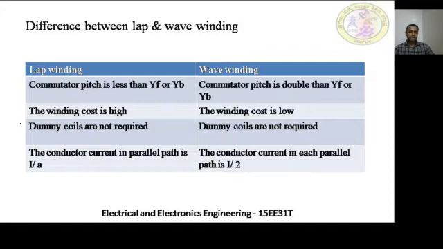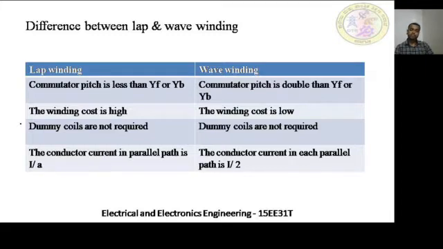The conductor current in each parallel path is I by A. Lap winding is also called parallel winding, since it has the same number of parallel paths as the number of poles. Hence the current flowing in each parallel path is I by A. If it has 4 parallel paths, then I by 4; with 8 parallel paths, I by 8.